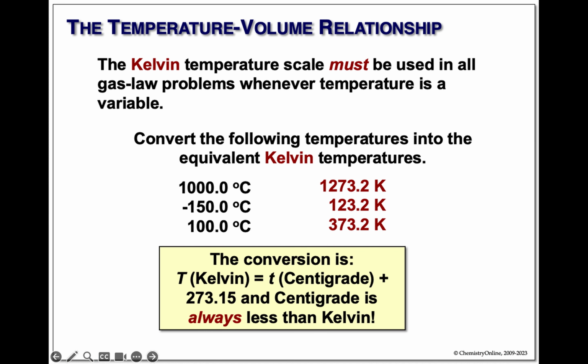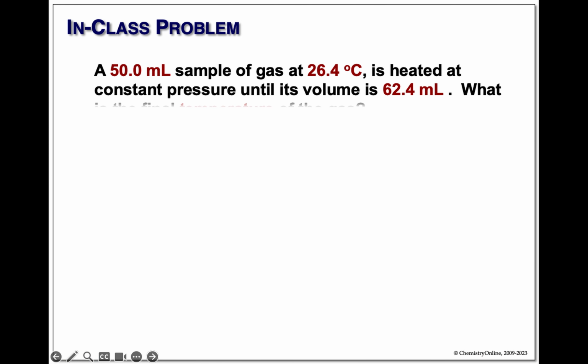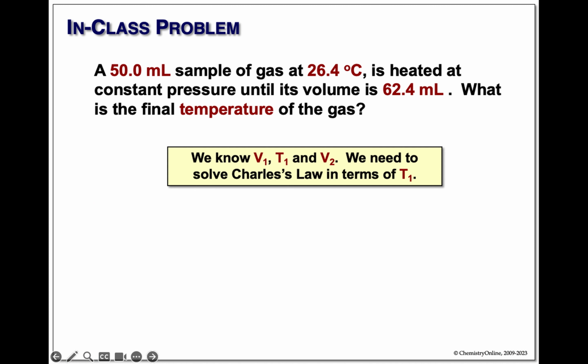Let's do a problem. We have a 50 ml sample at 26 degrees centigrade. We heat it until the volume is 62. What's the final temperature? Okay, simple Charles's law problem.